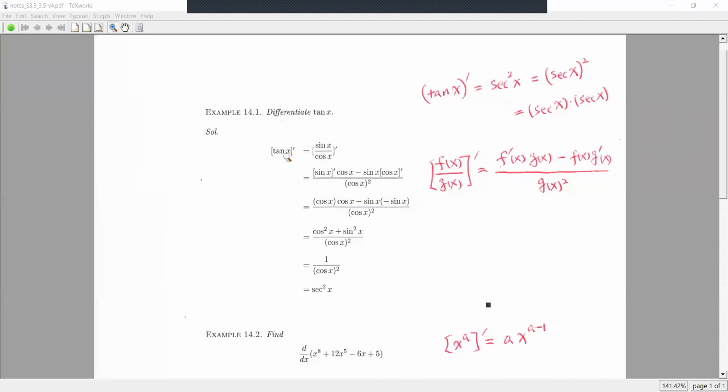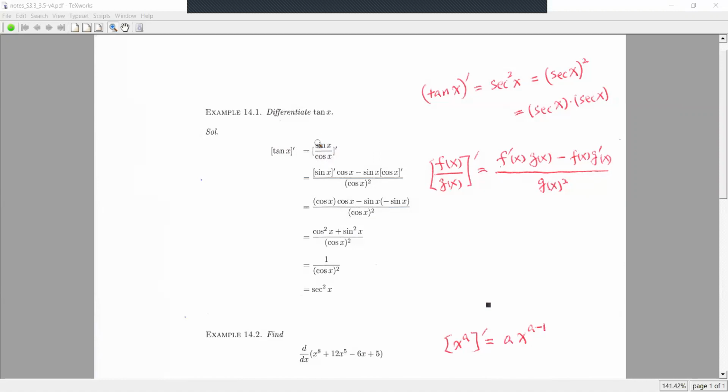Express tangent in terms of sine and cosine. Then derivative of tangent is the derivative of this quotient. The top function is sine, the bottom function is cosine.